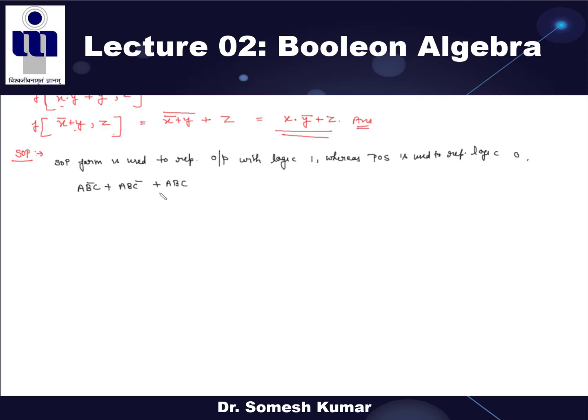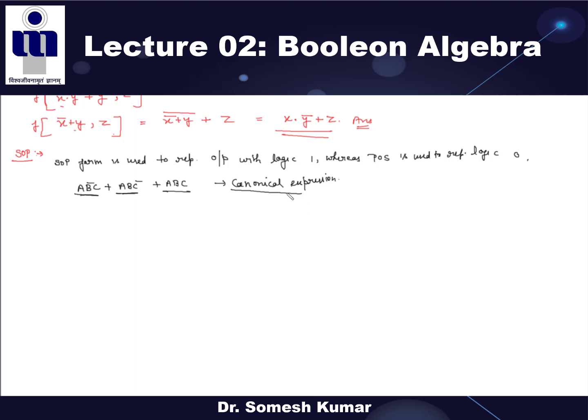Now there is one term, that is the canonical expression. What do you mean by canonical expression? Every term is a min term, so this is one min term, this is one min term, and this is one min term. In canonical form every min term contains all the variables of the given expression.